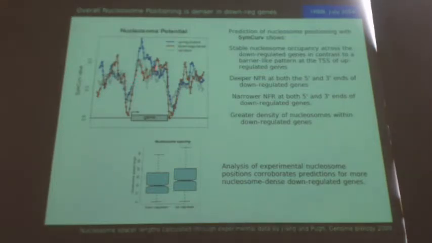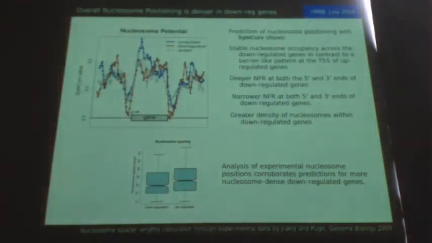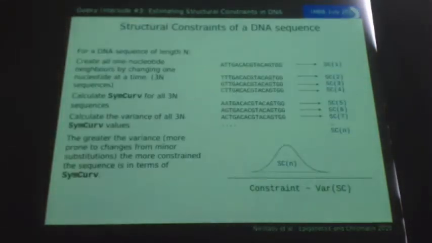And again, a denser population of the body of the gene by nucleosomes. And this is also shown here with real data, so experimentally positioned nucleosomes, where you see the average spacing of nucleosomes. The spacing is significantly higher in the upregulated genes. So you tend to have more sparse nucleosomes in the body of upregulated genes against downregulated genes.